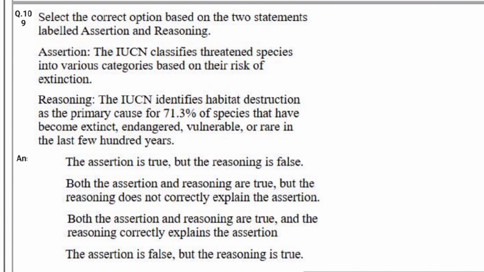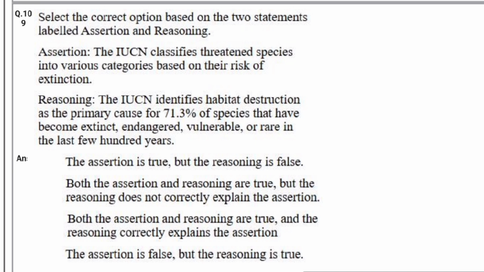Select the correct option based on the two statements labeled assertion and reasoning. Assertion: the IUCN classifies threatened species into various categories based on their risk of extinction. Reasoning: the IUCN identifies habitat destruction as the primary cause for 71.3% of species that have become extinct, endangered, vulnerable, and rare in the last few hundred years.